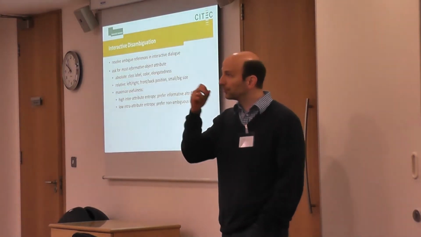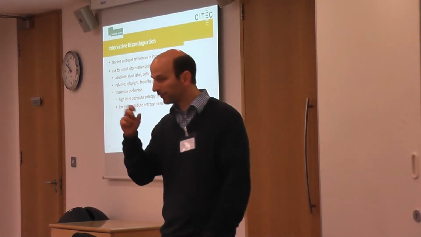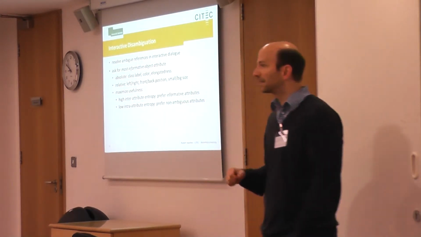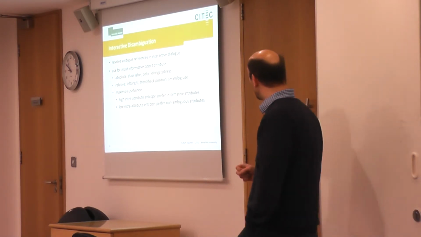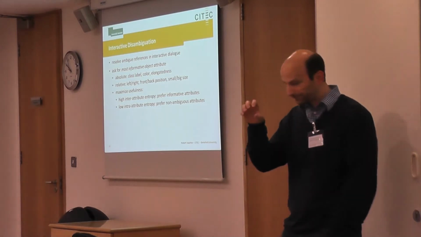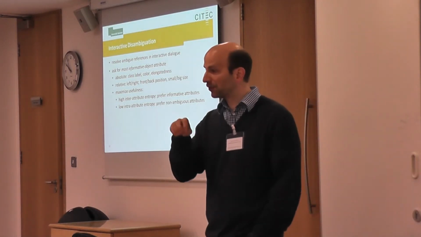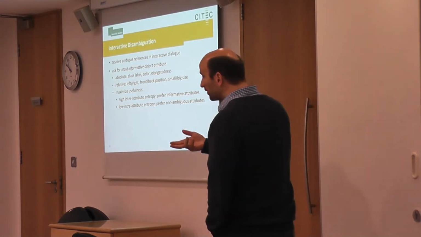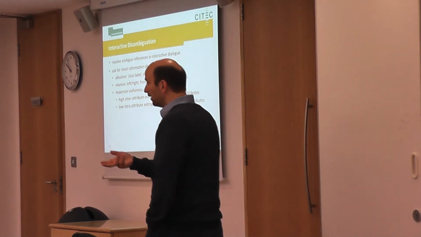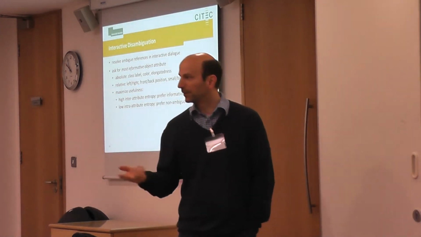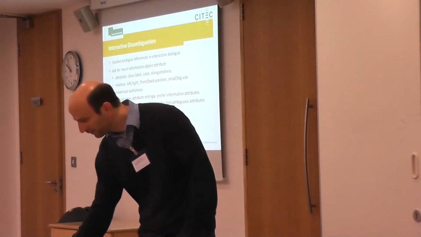So what is the usefulness of an attribute? First, we want to ensure that the attributes of different objects are different, so there should be a high inter-object entropy. And within a single object, the entropy should be very low, so we shouldn't ask for color, for example, if an apple is yellow and red, because that doesn't make sense.